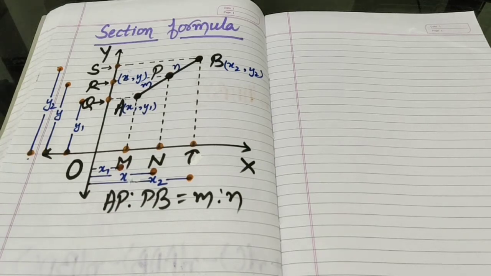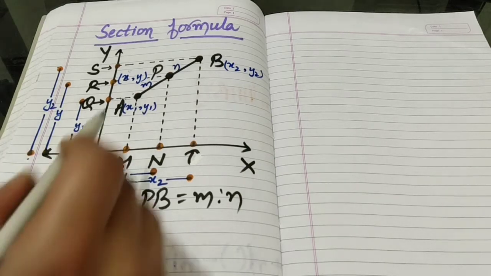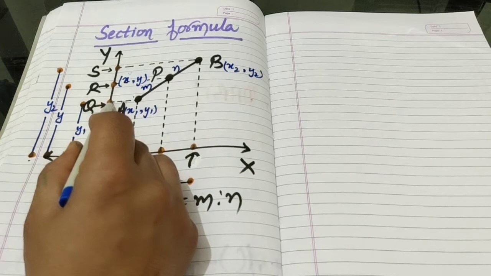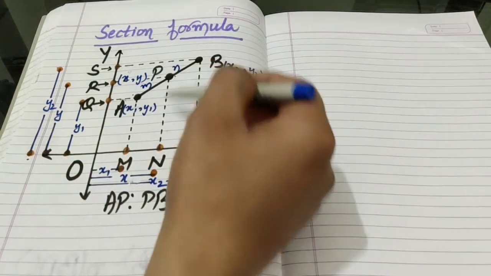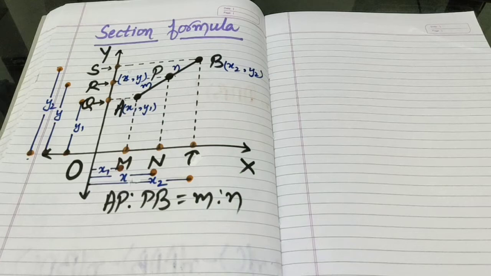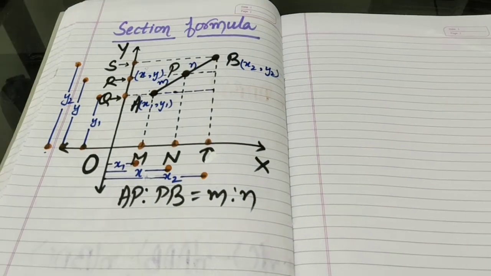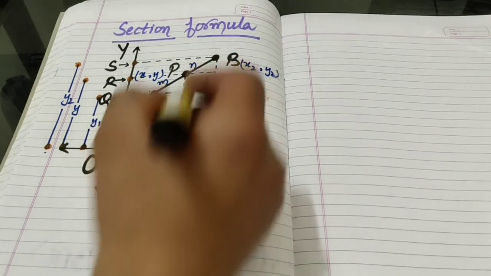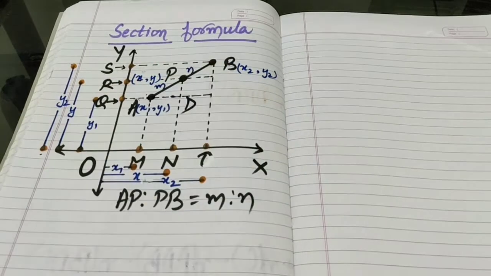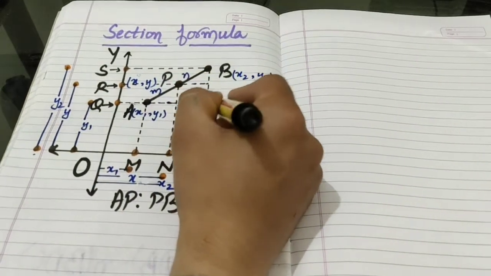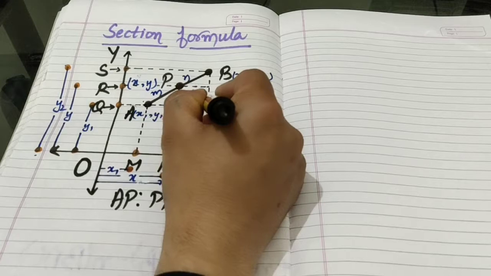Now we have to produce QA to intersect PN and BT. Let on doing so D and E be the points of intersection.